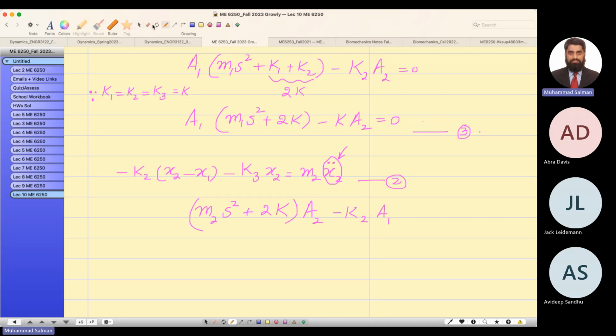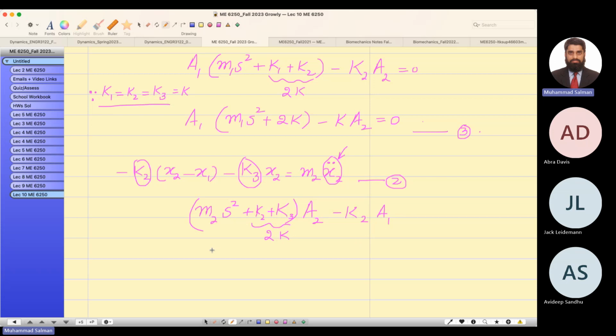Let me show you why I am having 2k. This 2k is actually in the equation k2 plus k3, you see, k3 and k2 are coming here. I can write this down in a more elaborate way for you. But you see, all the stiffnesses are equal, so I can replace this by k.